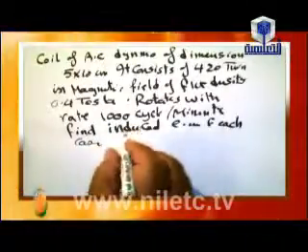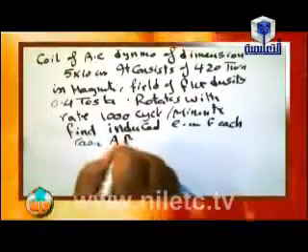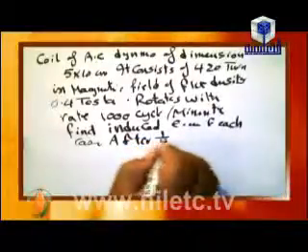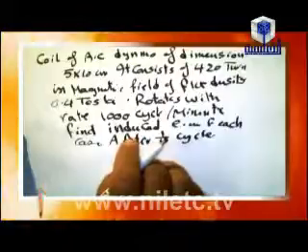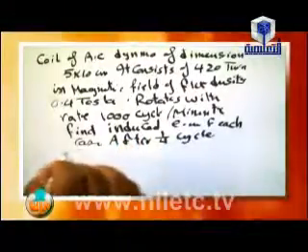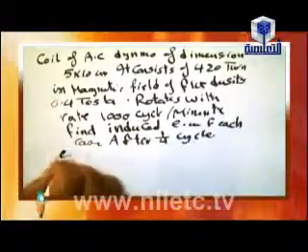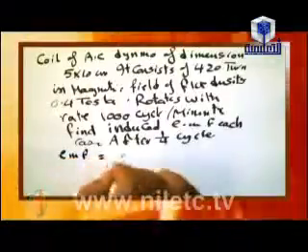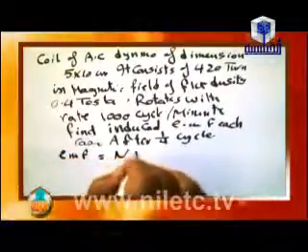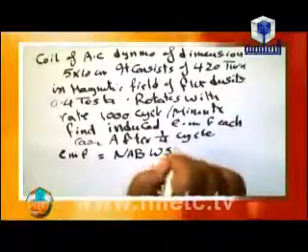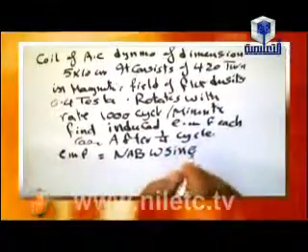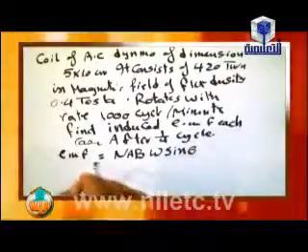After a quarter cycle, we know that EMF equals NAB omega sine theta. We know that theta is equal to 90.